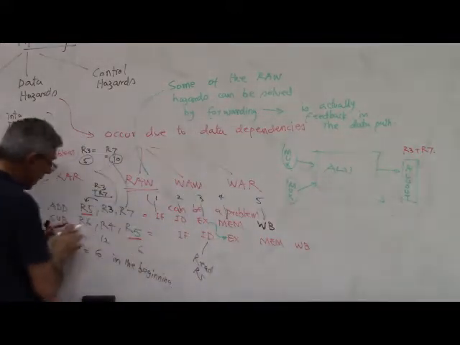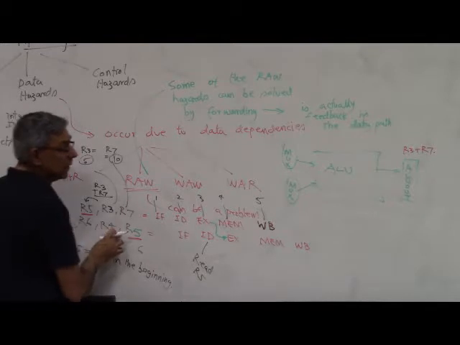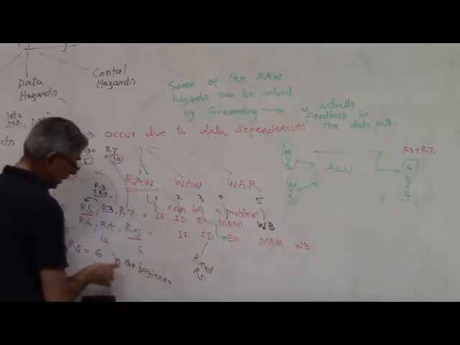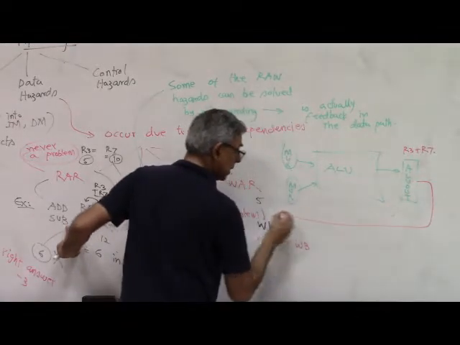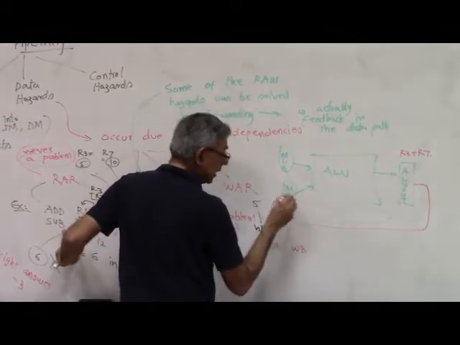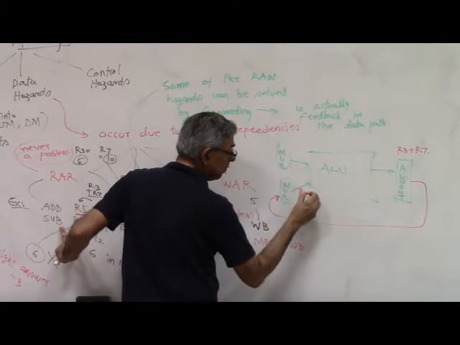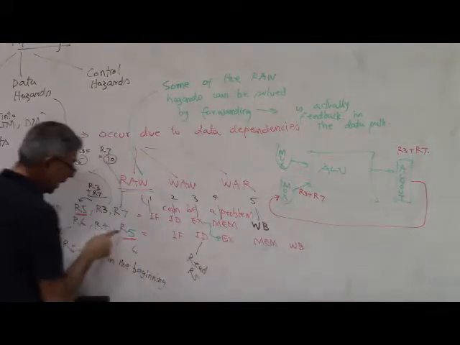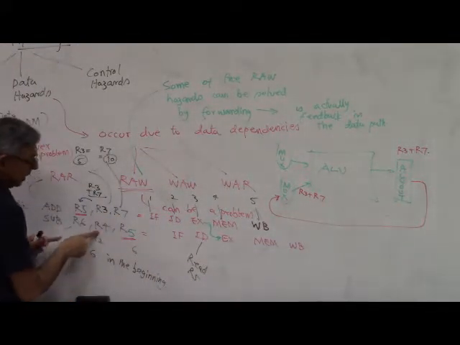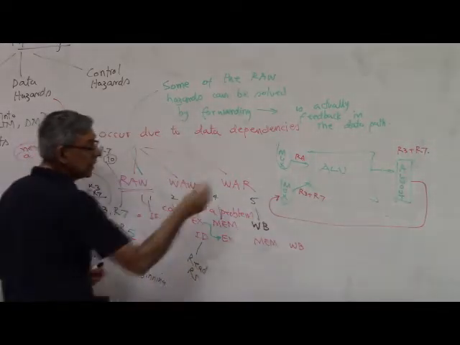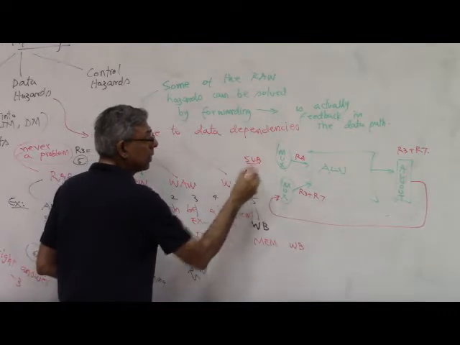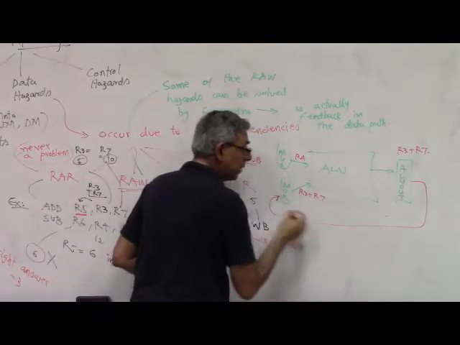So once the subtract instruction goes through, we don't use the old R5, instead we will use this one. This one will be fed back, and this R3 plus R7 will be used over here, and not the R5. And of course from here R4 will come in.